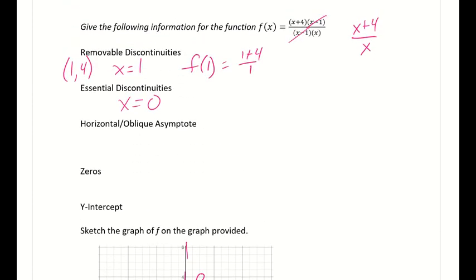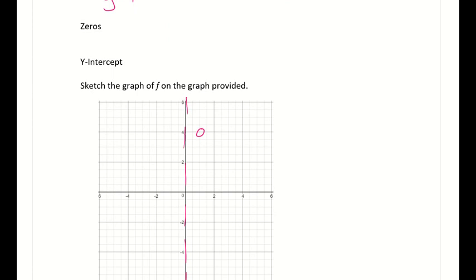This time we want to compare our exponents. So in this case, we have a horizontal asymptote because our greatest exponents in the numerator and denominator are equal. If they are equal, we look at the ratio of the coefficients, which in this case is going to be 1.